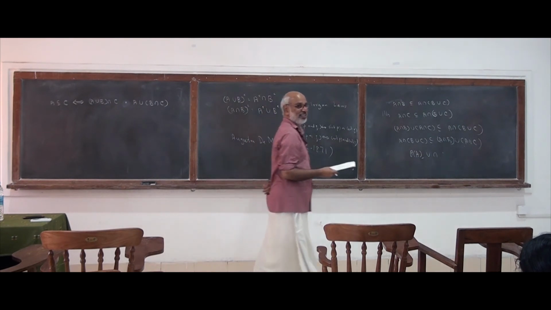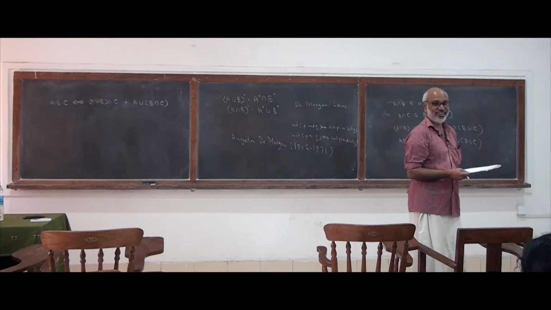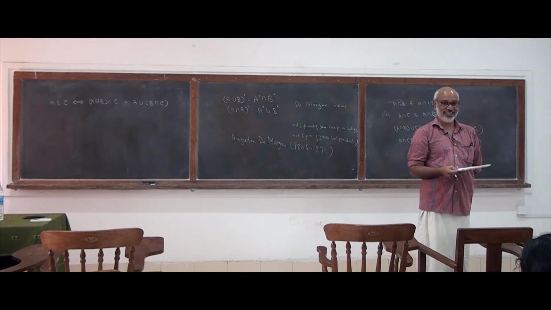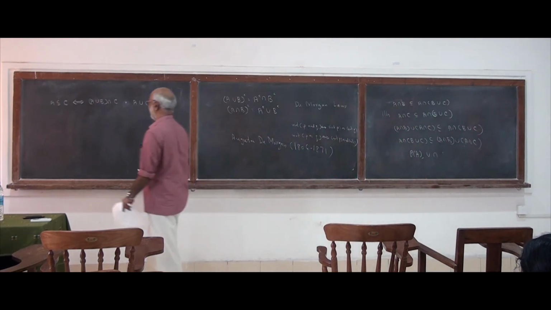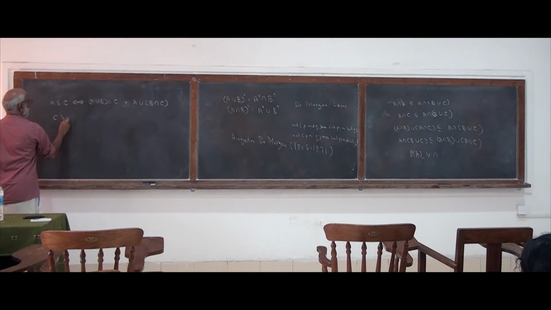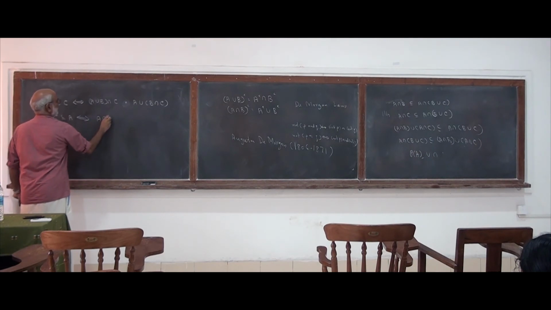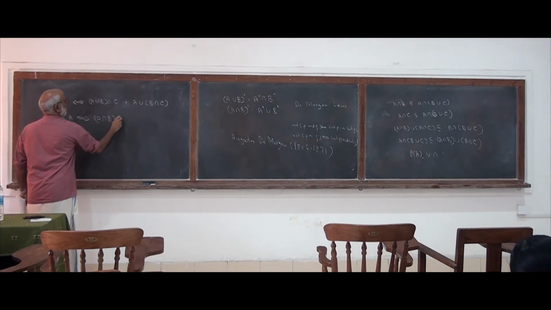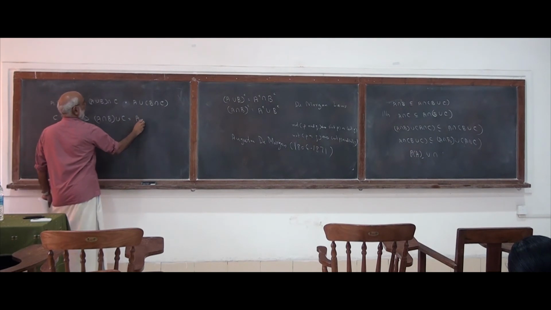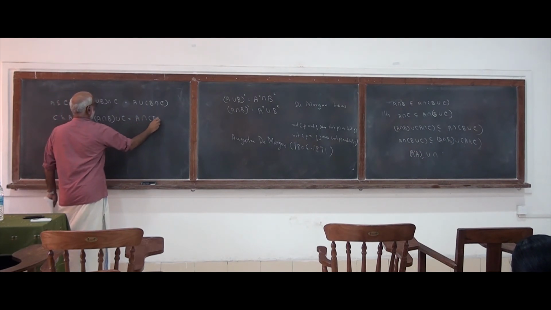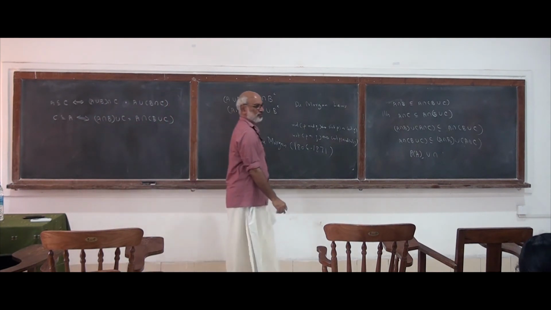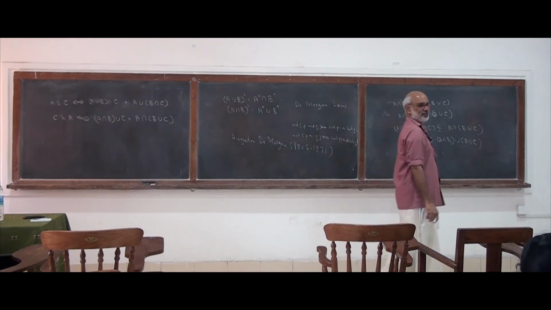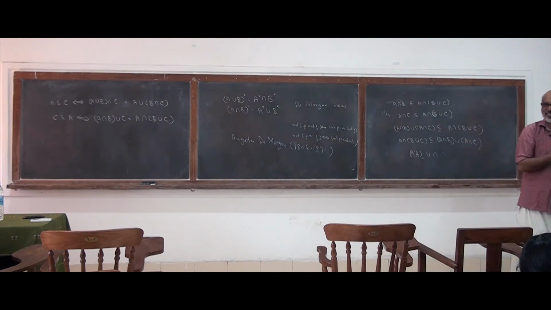Once you have a relation like that, then immediately a dual. So what is the dual statement of this? C is a subset of A if and only if A intersection B union C is equal to A intersection B union C. This is also true, both ways.